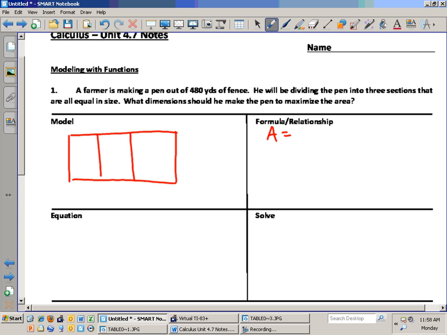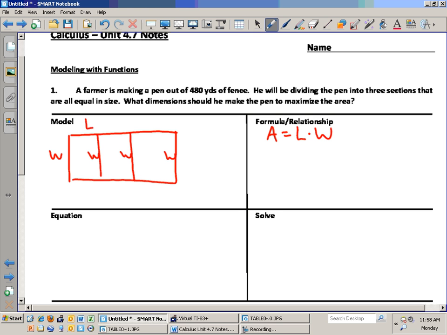So I need a formula for area. Area is equal to length times width, okay? Now, I don't know what the length or the width is, but if I call this W, if I call that W, this top and bottom piece would be L, right? Before I label those, let me write something else down.